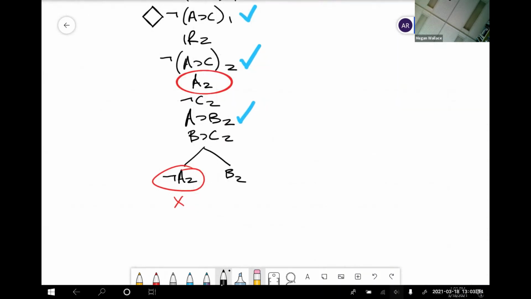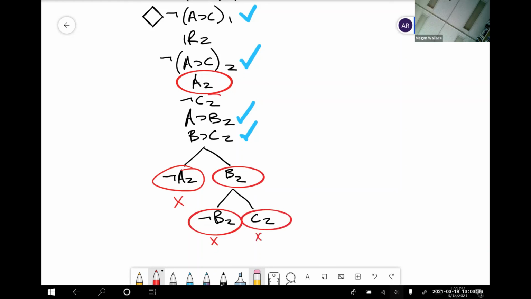Now we have this one right here, which I can then finish by splitting that, and I get not B at 2 and C at 2. And I get a contradiction here, this one and this one. And then I get a contradiction here, this one and this one. And that is it. That's our proof.